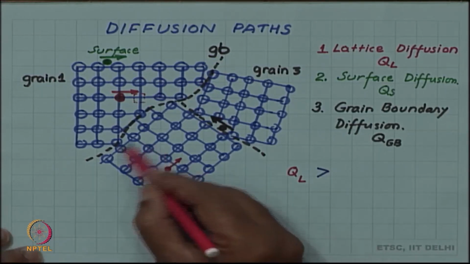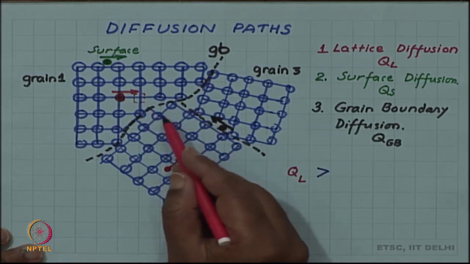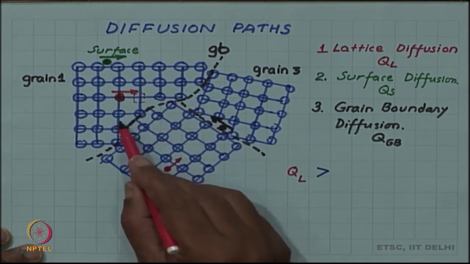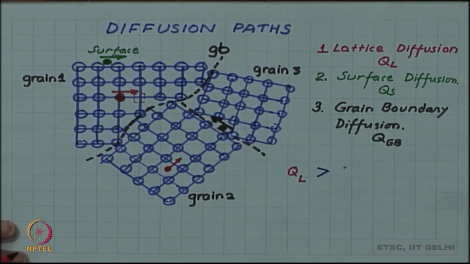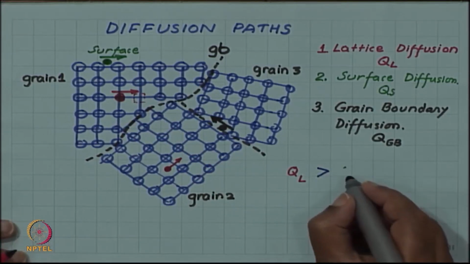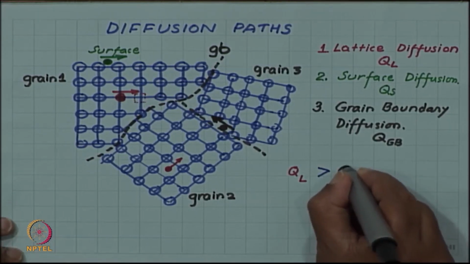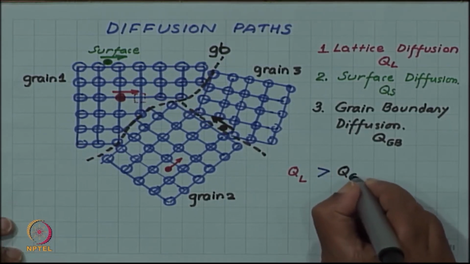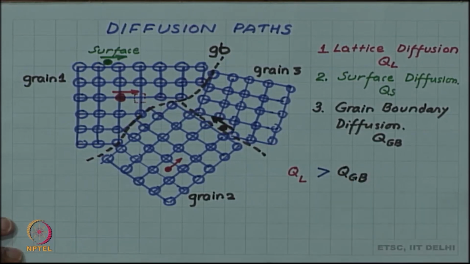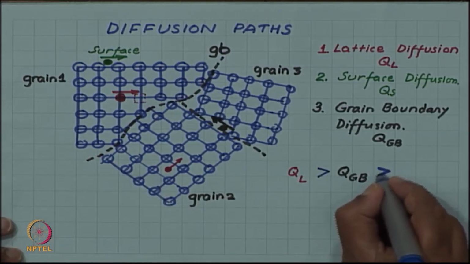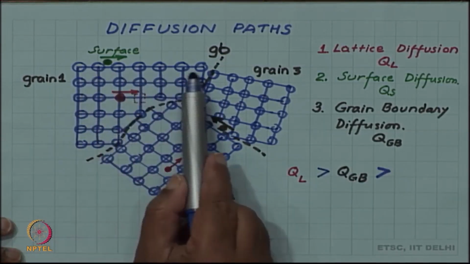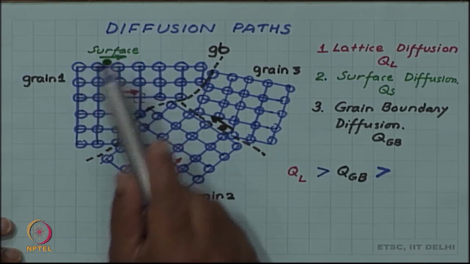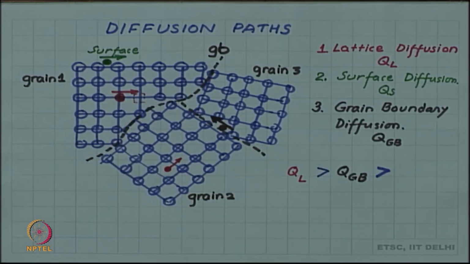Then for grain boundary, although there is more open space, there are still grains on both sides of the grain boundary. So, the grain boundary activation energy is less than lattice diffusion, but still higher than surface diffusion, because in surface diffusion the binding is only from one side, the crystal side; on the other side there are no bonds.